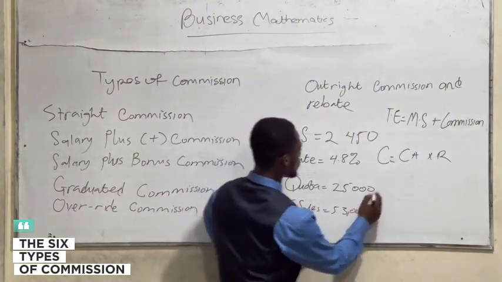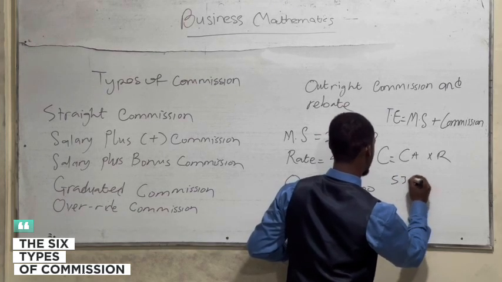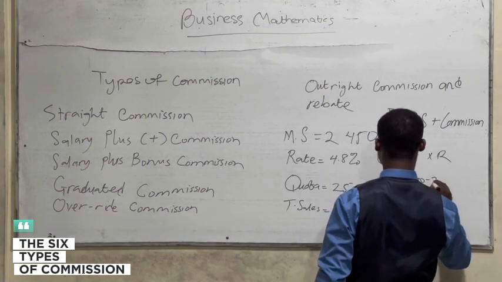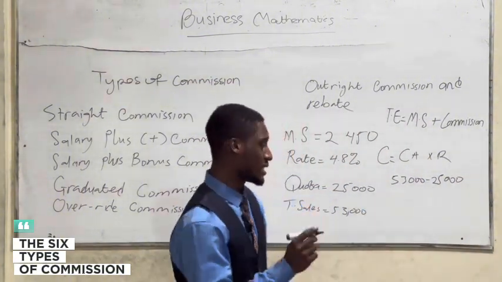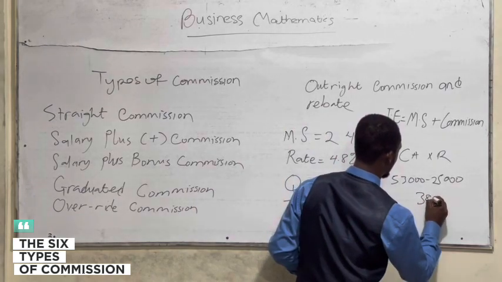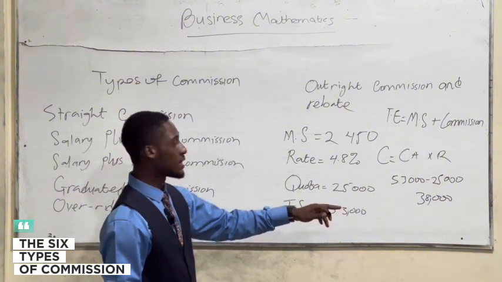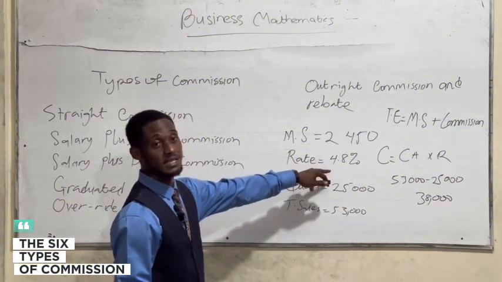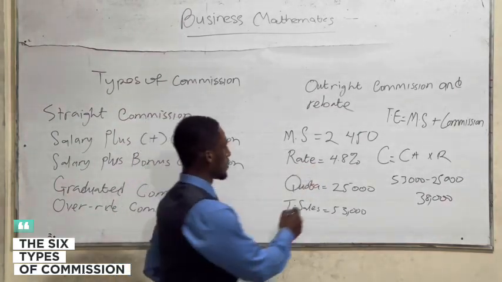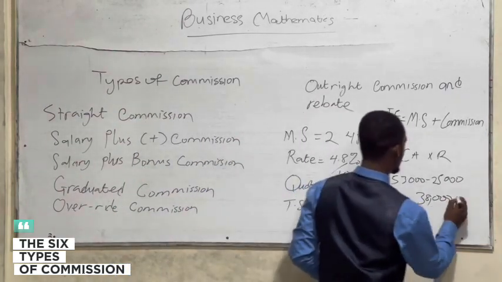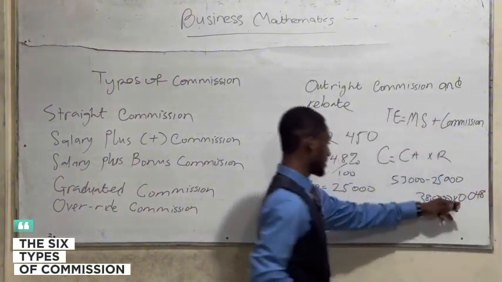So we have our sales to be 63,000 minus 25,000. Now when we subtract, we get 38,000. The 38,000 is being multiplied by the rate, and the rate has already been divided by 100, so it becomes 0.048.